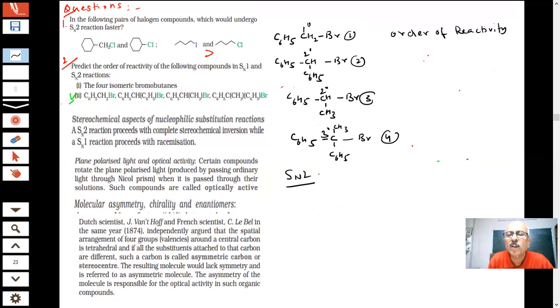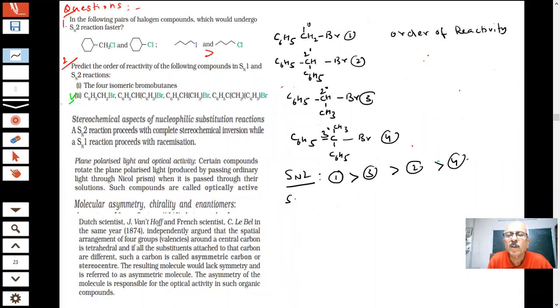The highest is C6H5CH2Br, number 1. The first is the fastest. After this, the second is CH3, number 3, because CH3 is smaller than C6H5. Then the second is the third fastest, and fourth is the last.